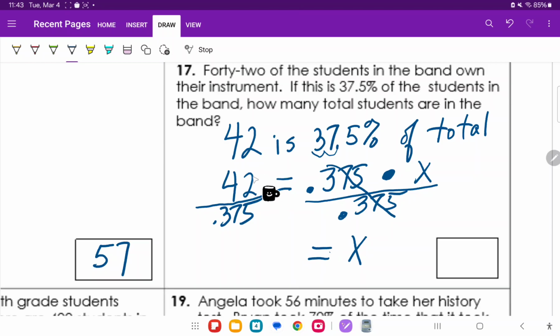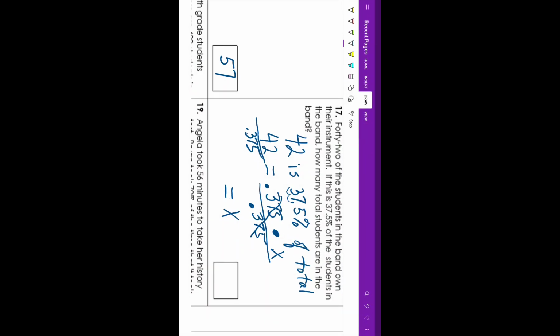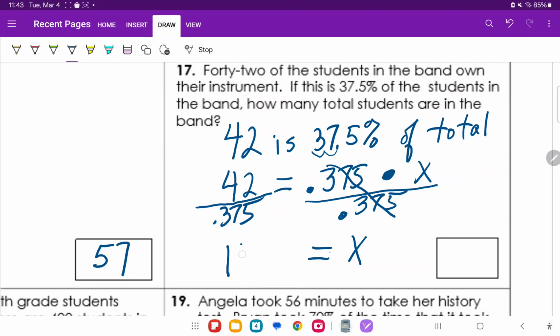So over here we do 42 divided by 0.375. All right, so 42 divided by 0.375. So that's going to give us 112. Now, what does that mean?